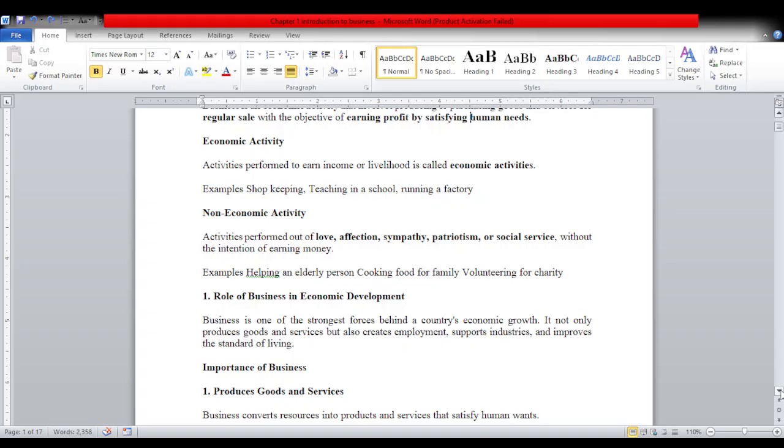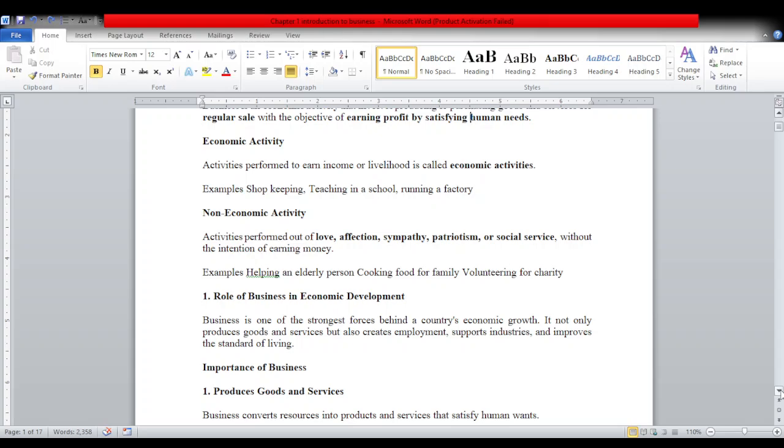Economic activities are purely based on earning income, but non-economic activities are not purely based on earning income. They are based on providing services, affection, and sympathy to the society and its members who are not well versed with the things and goods.